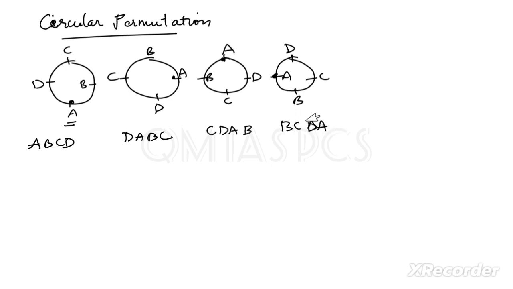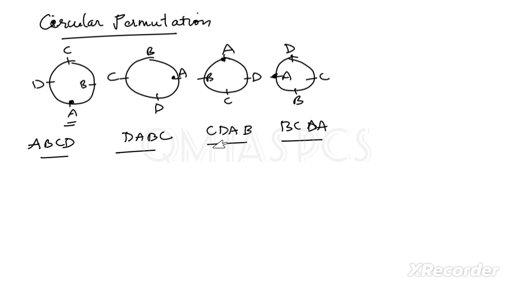So if you see all the arrangements, all the linear arrangements will be different. Whatever number of objects we take, like we have taken four here, we have got four different arrangements.